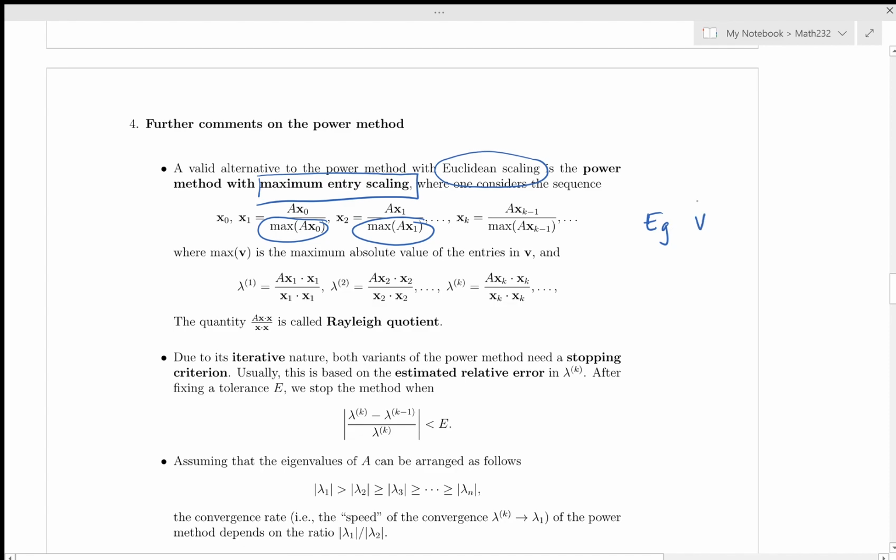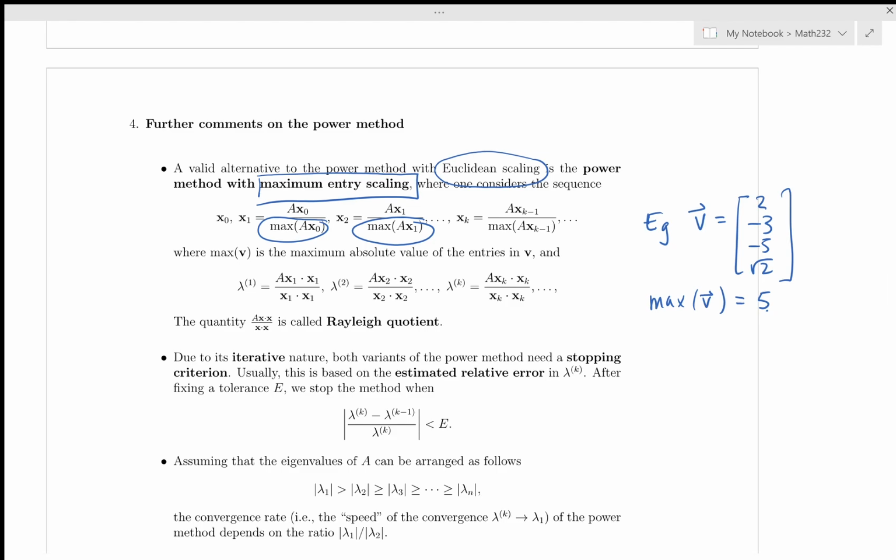Imagine I have some vector that looks like this: 2, minus 3, minus 5, square root 2, say. And then I ask what is the max, like that. It's going to be 5. Okay, so it's in absolute value the largest number. I think that probably is said here. Yeah, here: maximum absolute value of the entries in v.